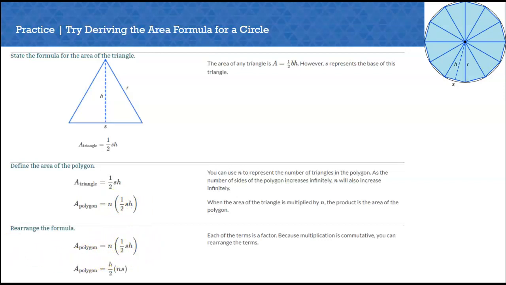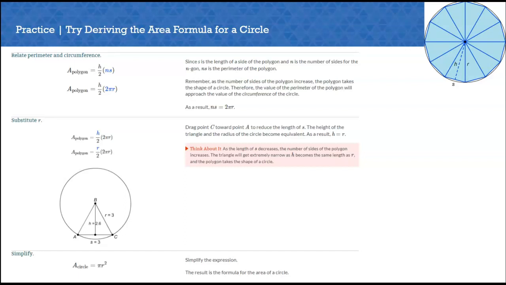So I can move it in any way that I want to. So here, we're going to go ahead and multiply this S times the N, and then we're going to divide the H by 2. Each of the terms is a factor because multiplication is commutative. You can rearrange the terms.